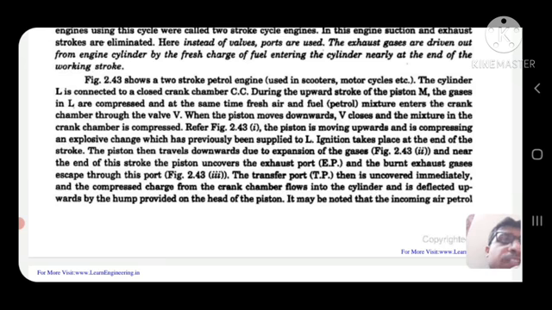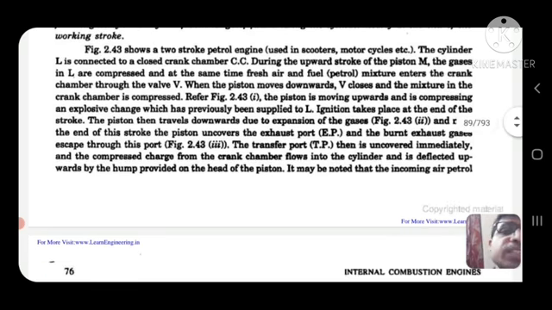The exhaust gases are driven out from the engine cylinder by the fresh charge of fuel entering the cylinder nearly at the end of the working stroke. The two-stroke petrol engine is used in scooters, motorcycles, etc. The cylinder L is connected to a closed crank chamber.